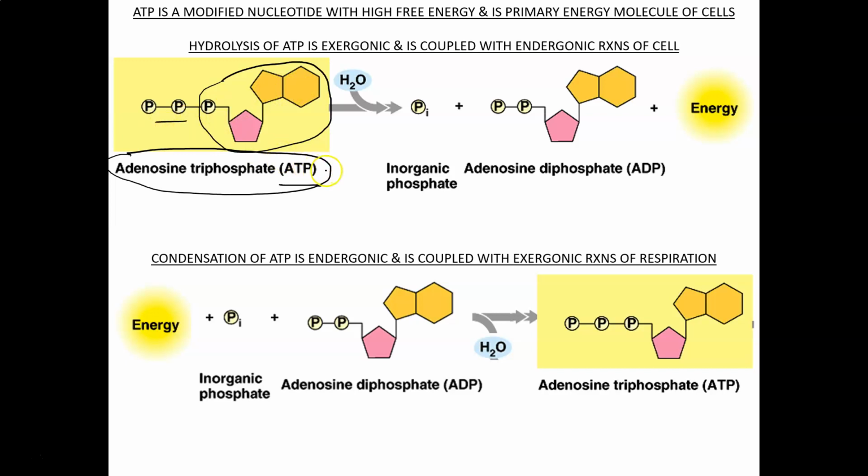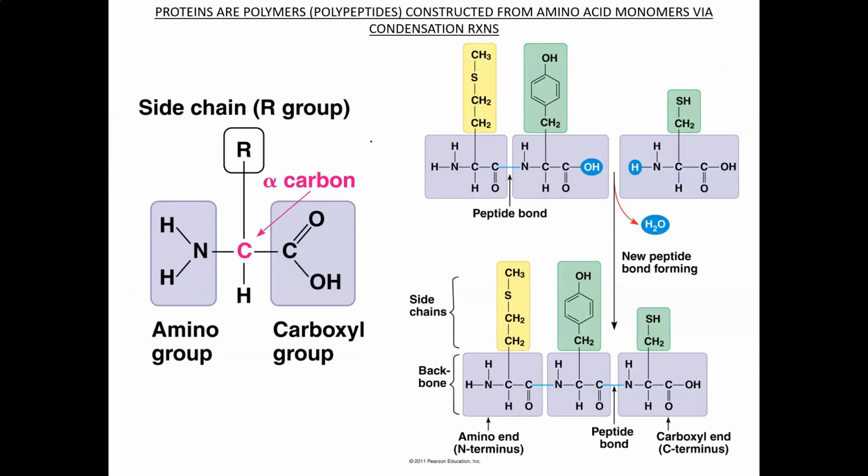So this is, in my opinion, sort of an example of the cell repurposing some molecules for different functions. Again, we'll see this a little bit later, but that ATP molecule is related to those nucleic acids, or at least the monomers of those nucleic acids.